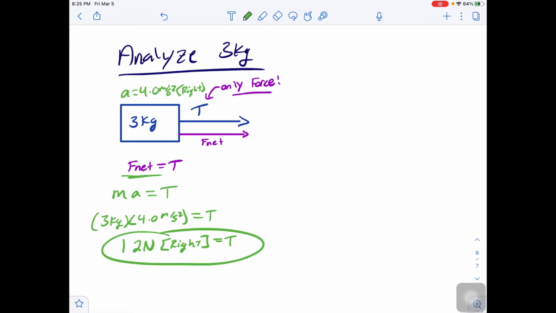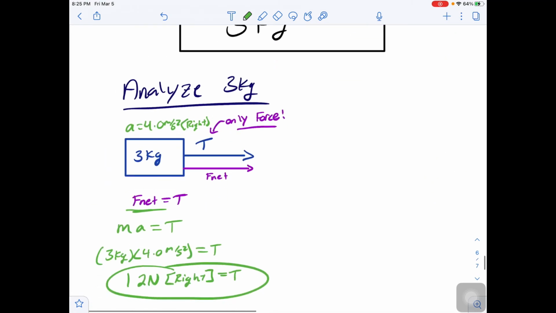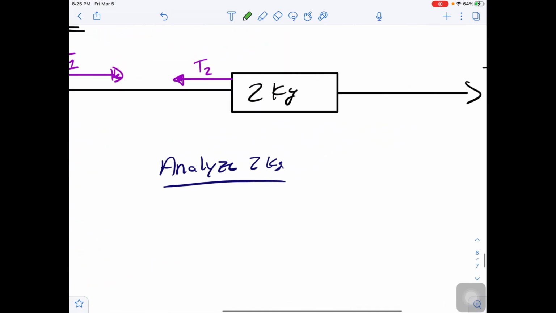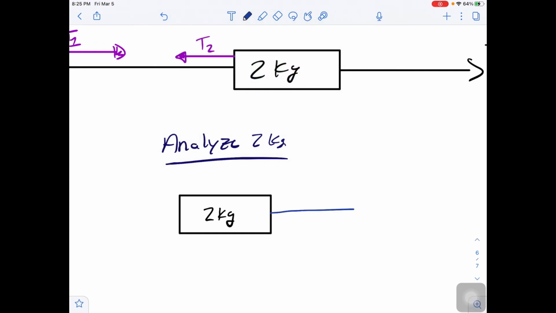So hopefully that made sense. Remember, if we were asked this question and before A, we would have had to find the acceleration doing what we did in A. Because without the acceleration of the system, we have no way of solving this. Now let's analyze my 2 kilogram object. If I draw out my 2 kilogram object, let's think about the forces just acting on it.